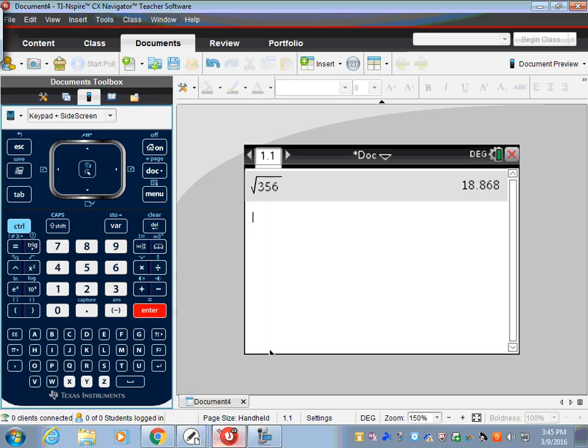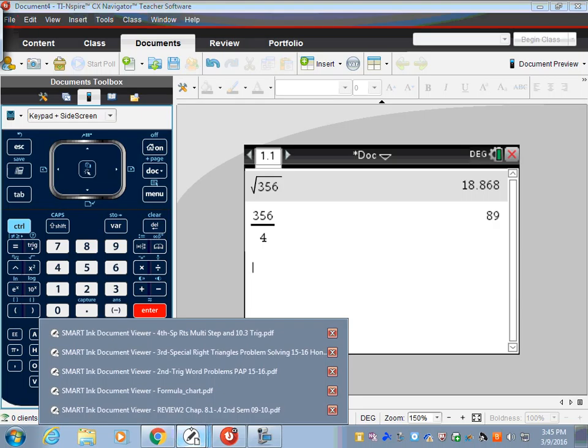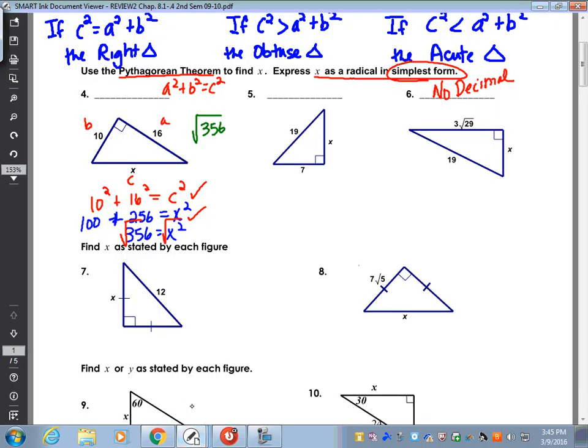So basically it goes 356 divided by 4. We get 89, which is prime. So I'm going to go to my review. I'm going to write that underneath here, we have 4 times 89. 4 is the perfect square, so that comes out. So our final answer is 2 square root of 89. That is the simplified radical part.